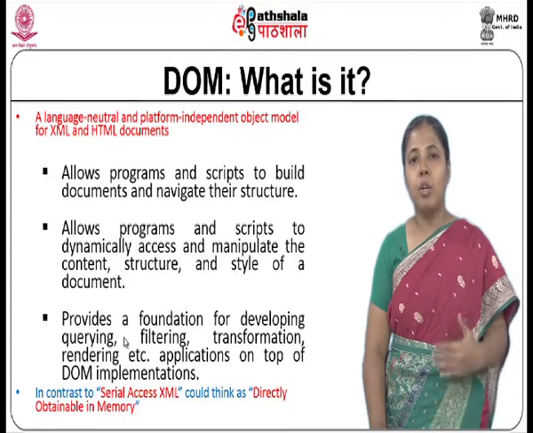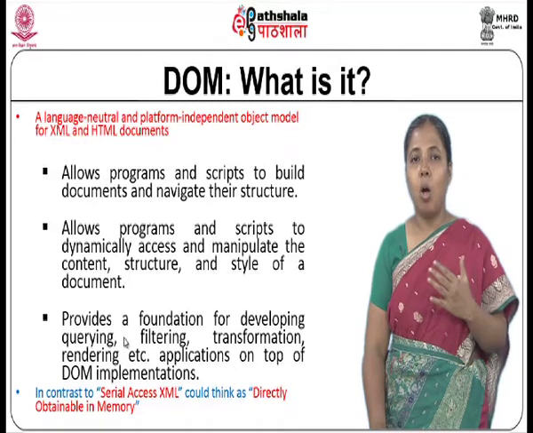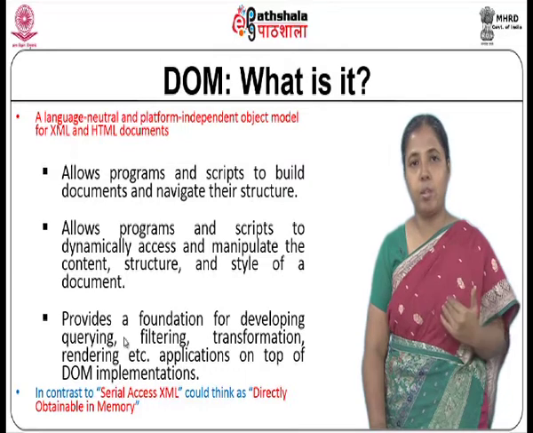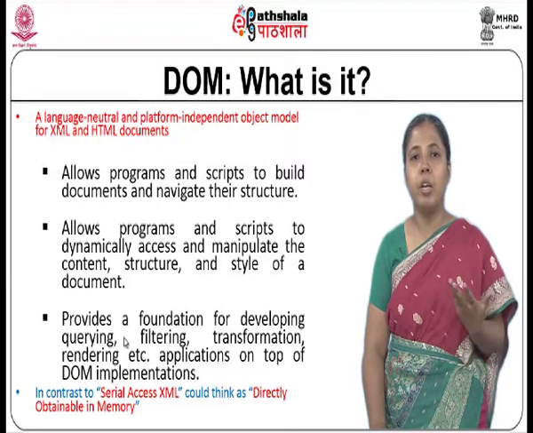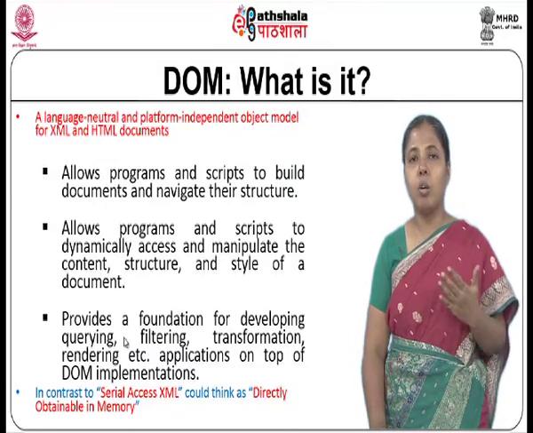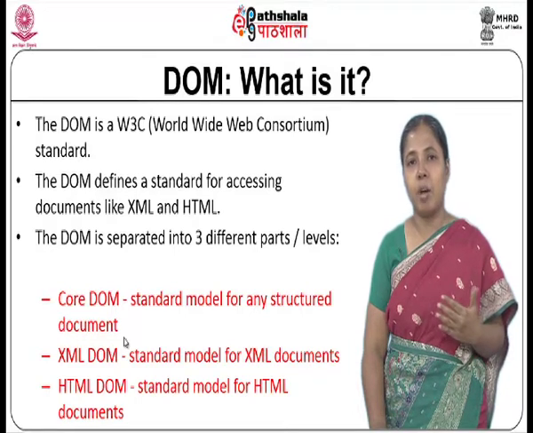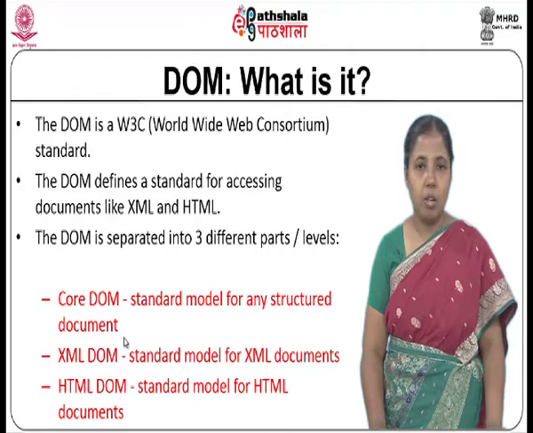So, you are obtaining information directly from the memory. Since DOM provides random access to your XML document, it can also be called Directly Obtainable in Memory. But these are not formal names; these are names to understand what DOM is, what the SAX parser is, and what protocols are running behind these parsers.